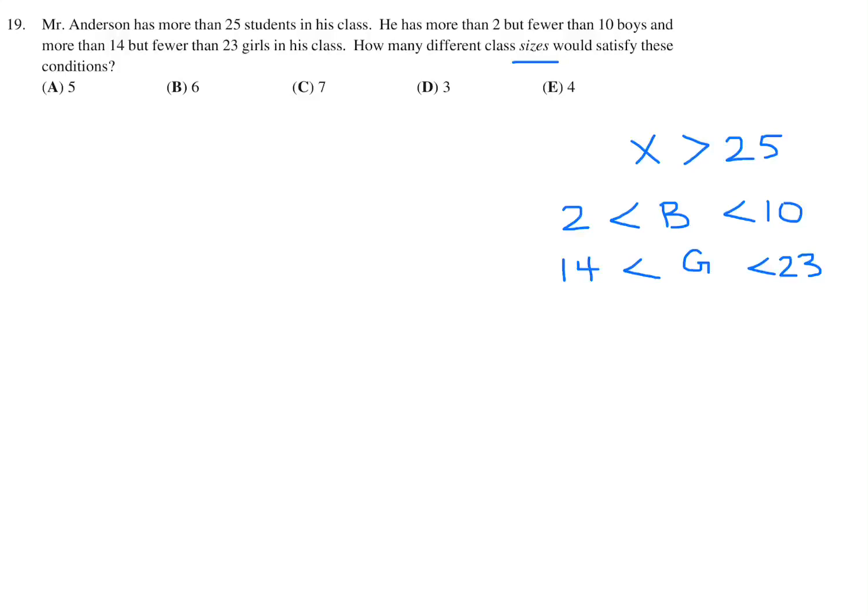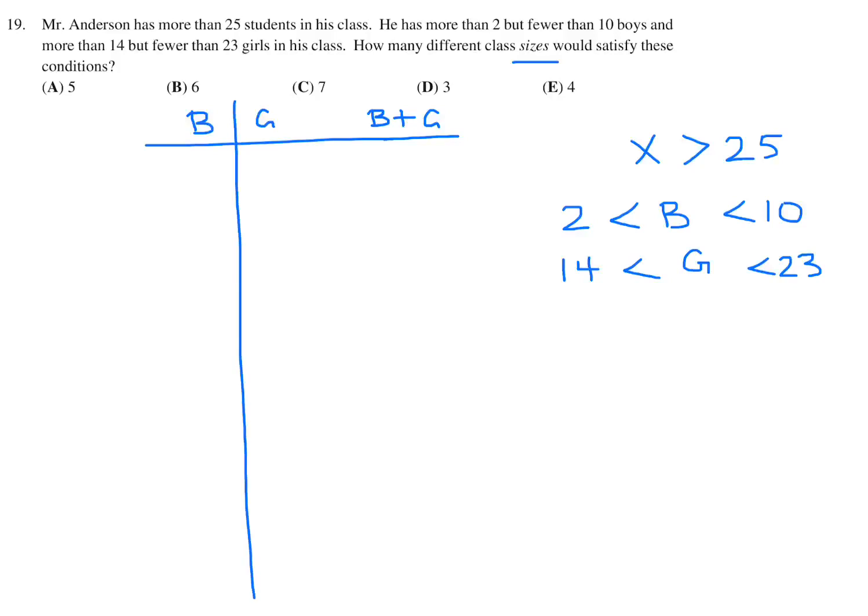All right. So let's make a table. Boys, girls, boys plus girls, and we'll see what we get. So let's start with the extreme cases. The smallest number of boys is 3.